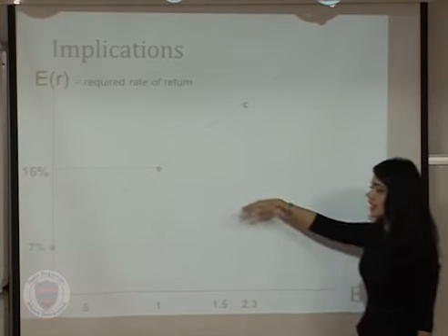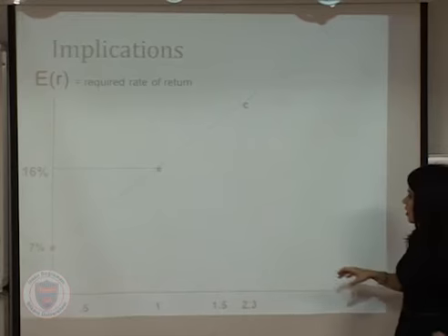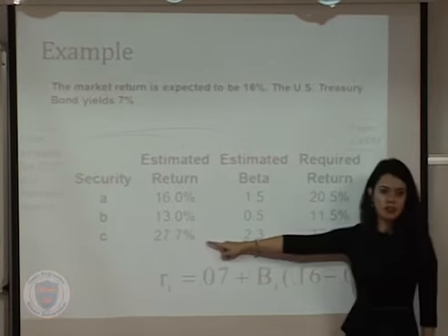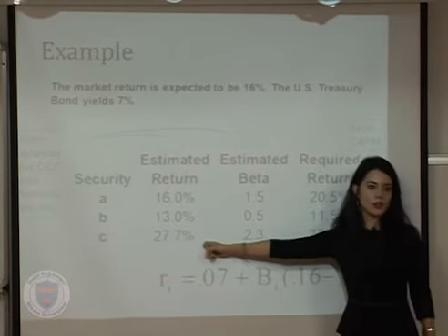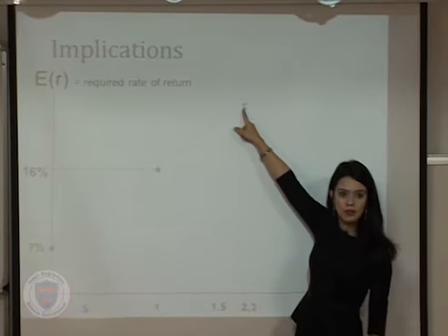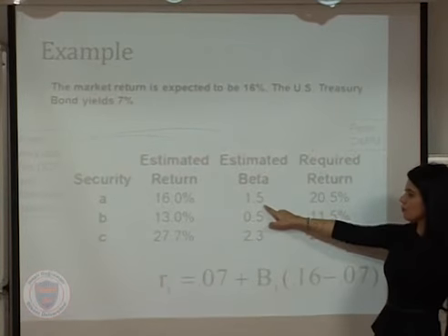Then you can say, okay, put those stocks in the security market line. So if you pay attention, you would see that C, security C, is what CAPM says is the same with your estimations. So C should be on the security market line. For A, the estimated beta is 1.5.